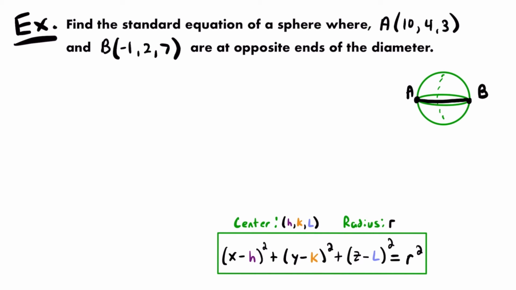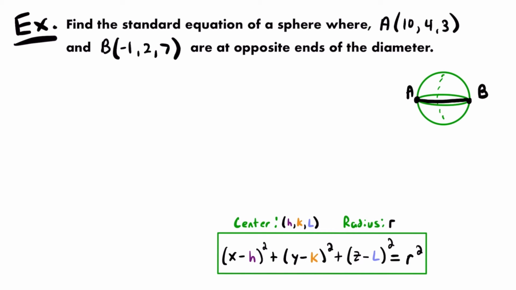Well, if you think about it, if we know 2 points that are on opposite ends of the diameter, what that means is if we draw a line from one point to the other, that diameter, that line, is going to cross through the center of the sphere. In other words, it's going to cross directly through that center point, which would be the midpoint between points A and B. So we can use our midpoint formula for 3D points to find the center of our sphere.